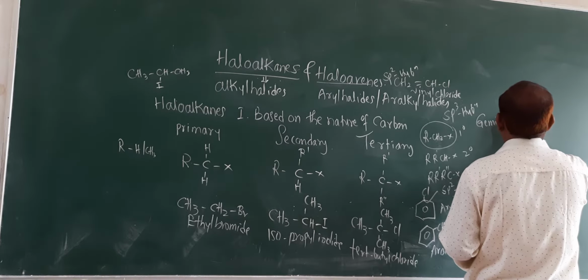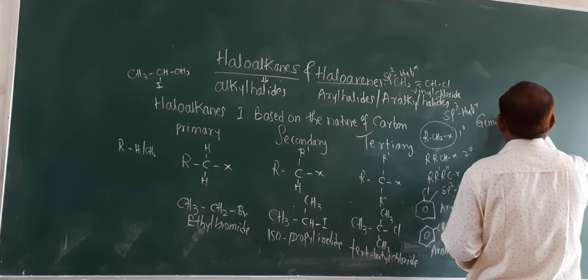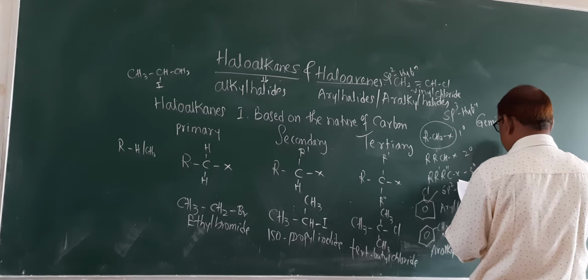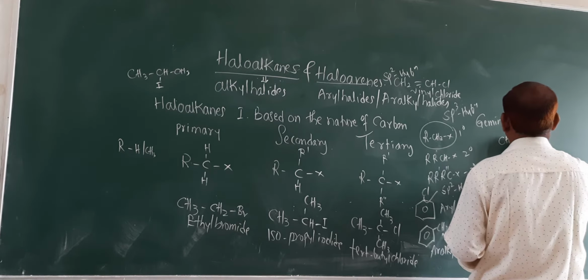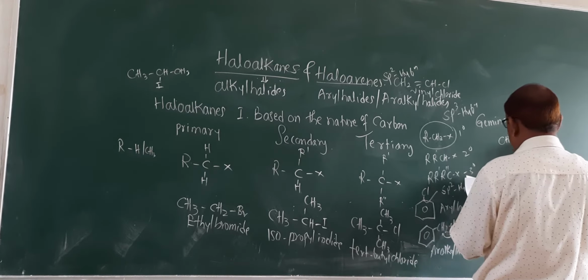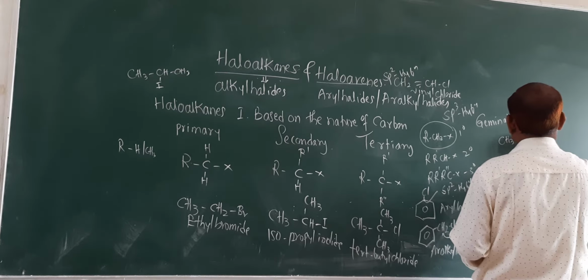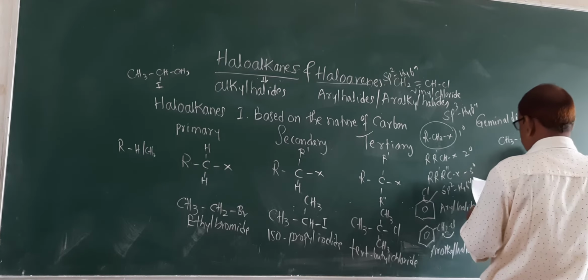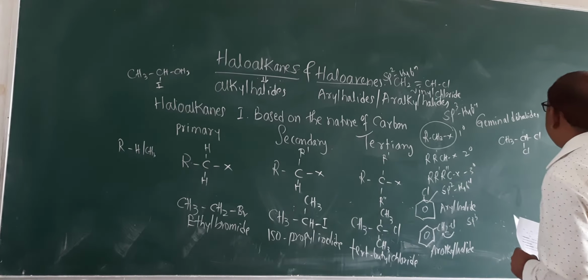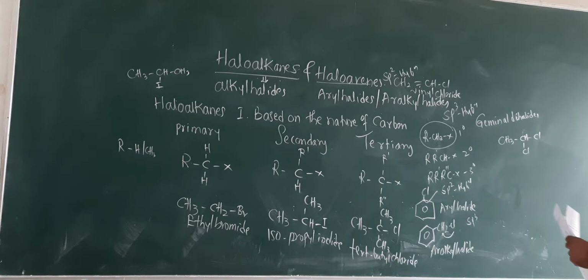Geminal dihalides means a dihalogen compound in which two halogen atoms are attached to the same carbon. For example, CH3CHCl2, that is 1,1-dichloroethane, is an example for geminal dihalide.